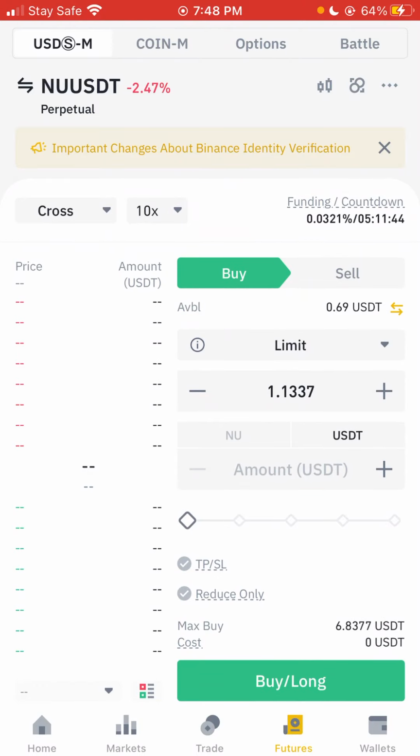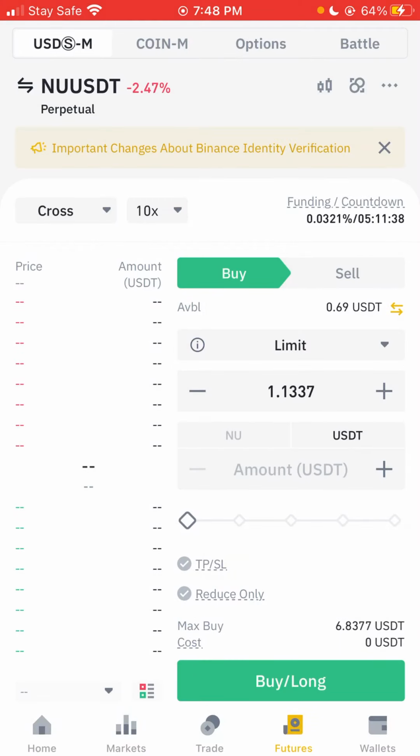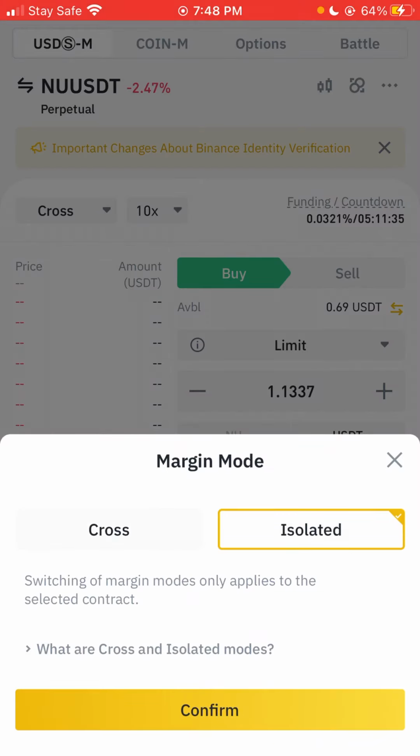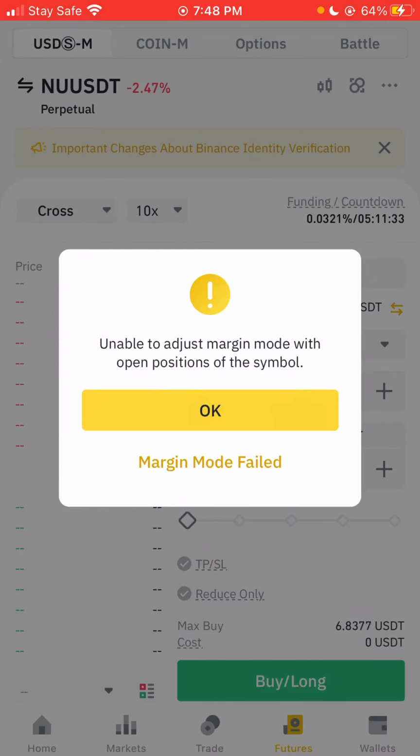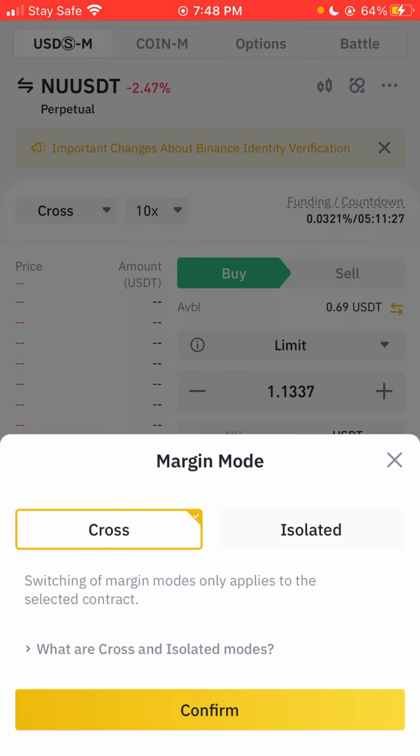That is why it's very, very bad. So you always use isolated. On isolated, your $10 is your $10. Nothing is changing that. If you are willing to use $10, your $10 will be $10. If you are willing to use $20, $20 will be $20.